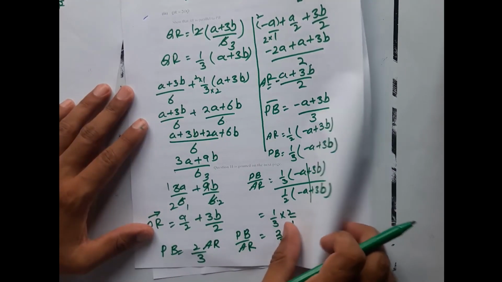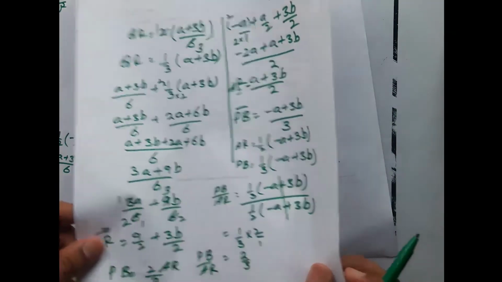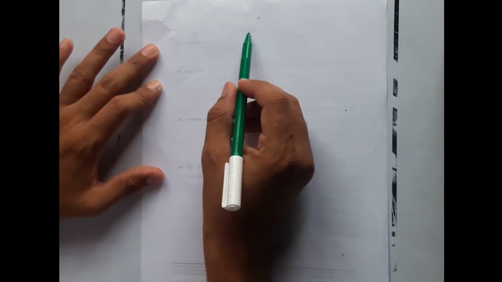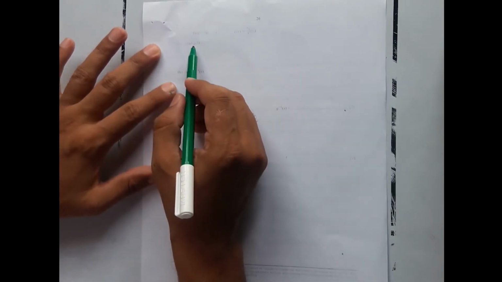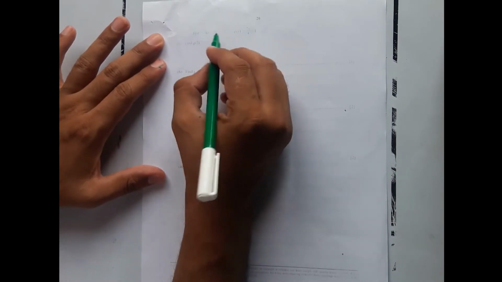It's very simple, but you have to do calculation carefully. Okay, we are on question 11, which is our last part. We have f of x equals 3 into x minus 2, and g of x equals 7x over 4 minus 1. We have to find g of 2. We have to place the value of 2 into function g.